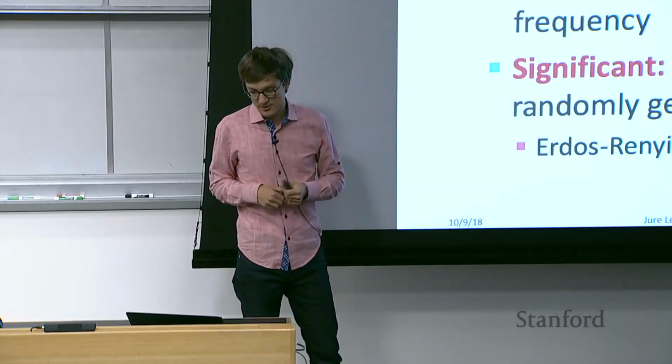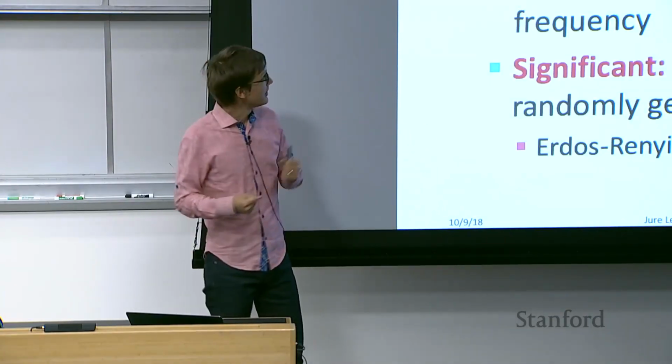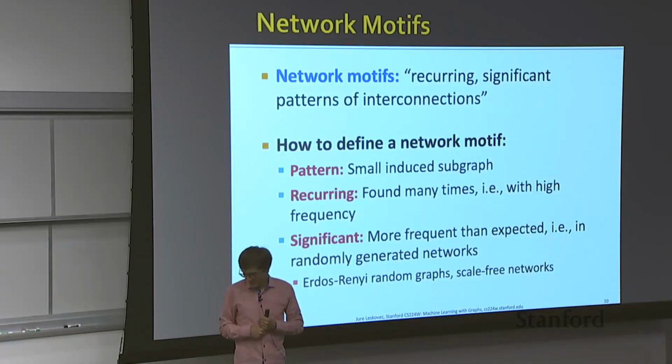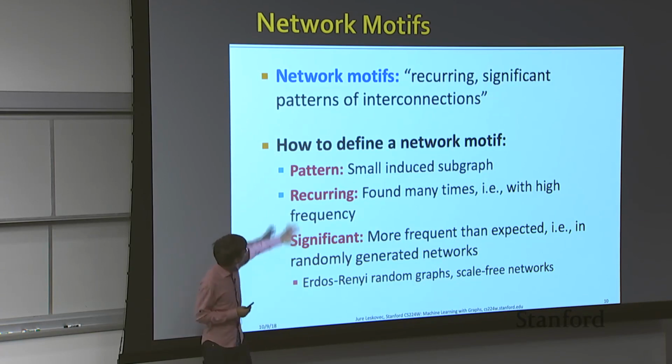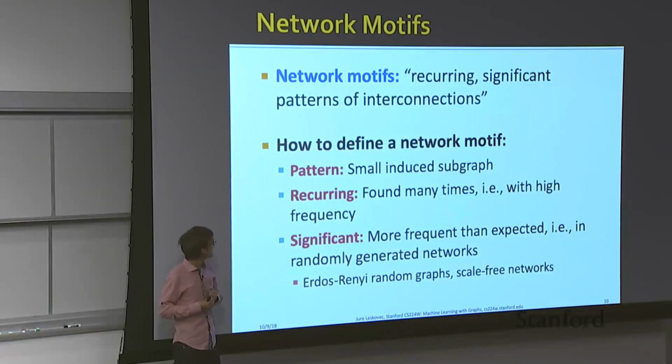So first is about motifs and structural roles in networks. Okay, so a network motif, so this is now a definition, is a significant recurring pattern of interconnections in the network. So in order to define a network motif, we need to break down that vague definition above.